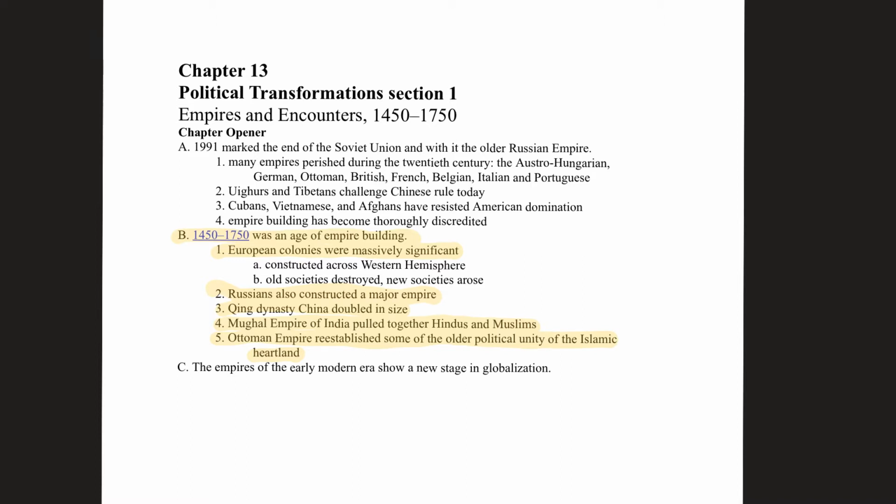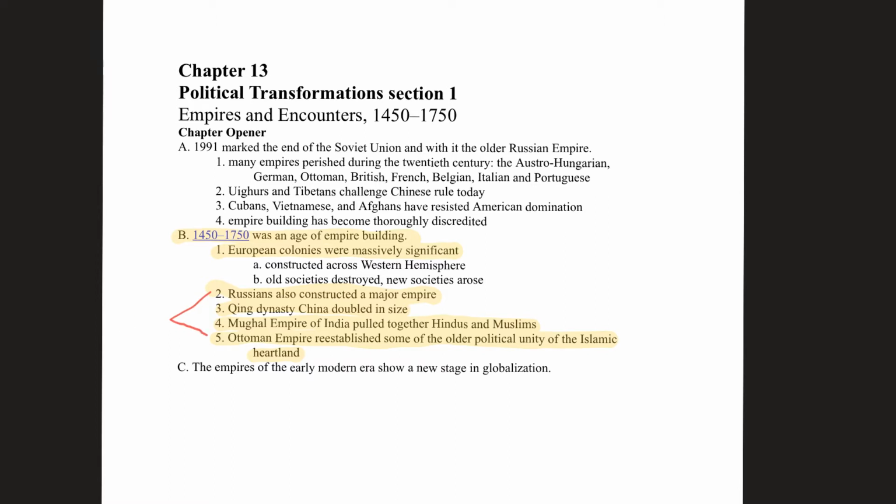Now, there is something really quite unique with these last four empires. I'm going to want you to put a note here that goes with all four of them. What you want to do to start with is draw a caret that ties them together.